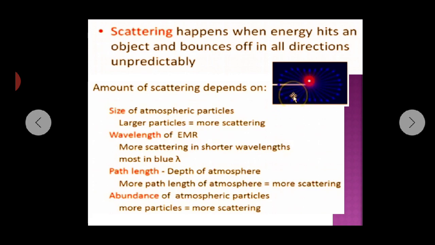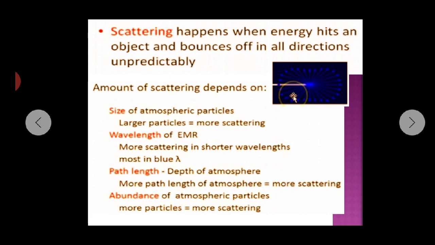If the size of the particle is large, then scattering is more. If the particle size is smaller, then scattering is less. The next one is the wavelength of electromagnetic radiation.